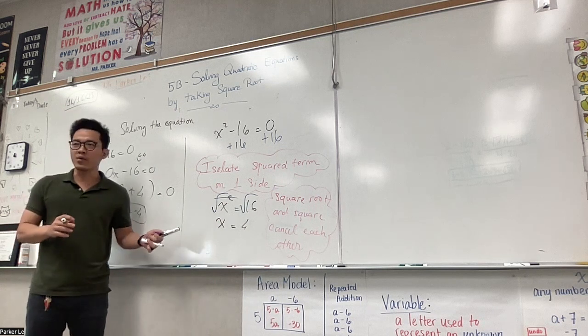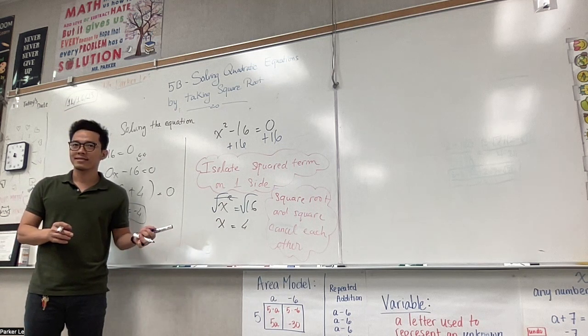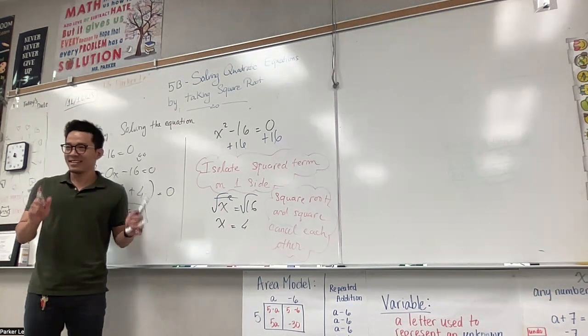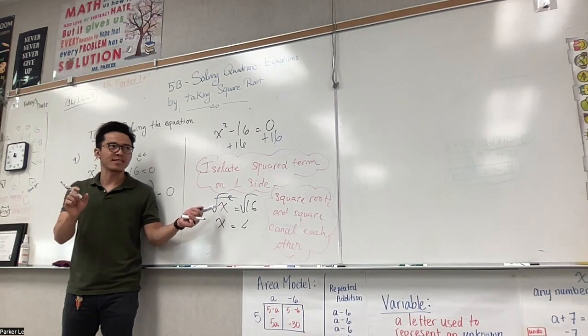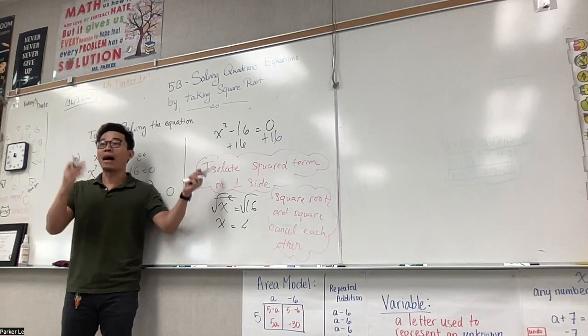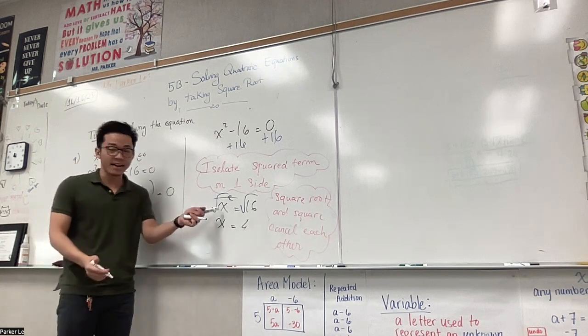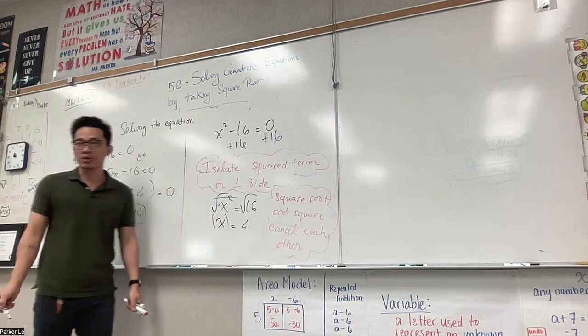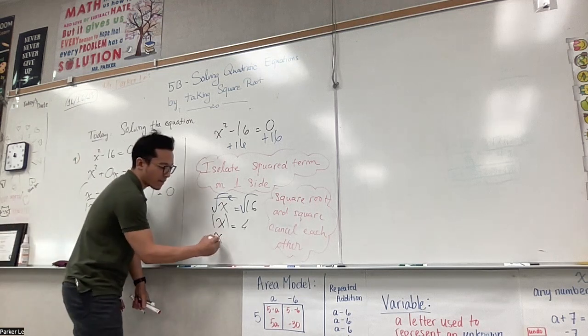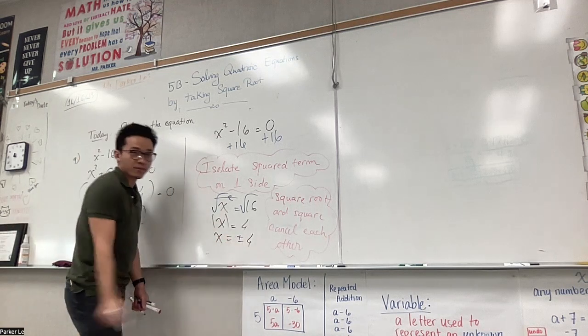But why do we have plus minus? I'm waiting for one term: absolute value. Very good. What is the square root of a square? You should have absolute value, and that's why you have x equal to plus minus.